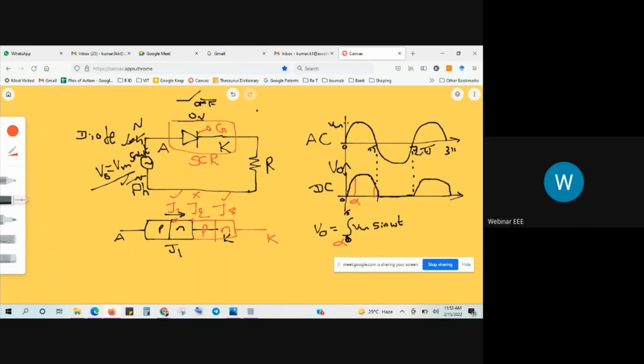To this gate terminal, I need to give one pulse. This is alpha. So this alpha may vary from 0 to 180 degrees. If I give alpha value as 30 degrees, so at the 30 degrees point, the junction J2 becomes forward biased. It means I am using some external force to break this limitation.